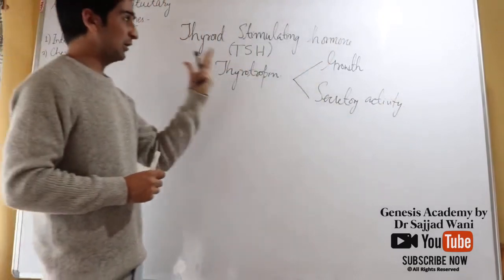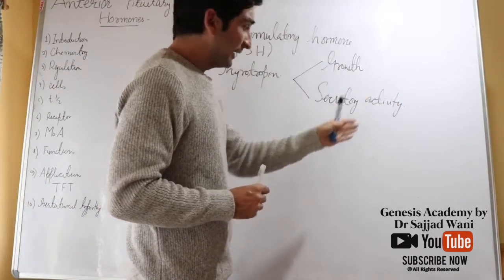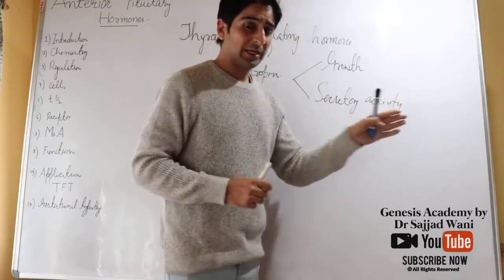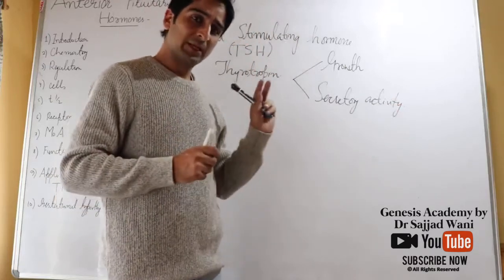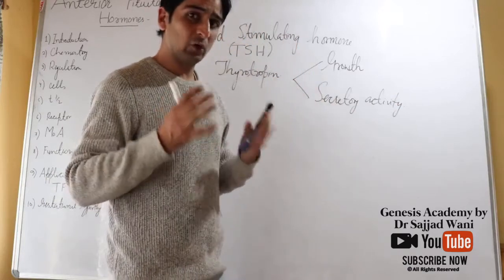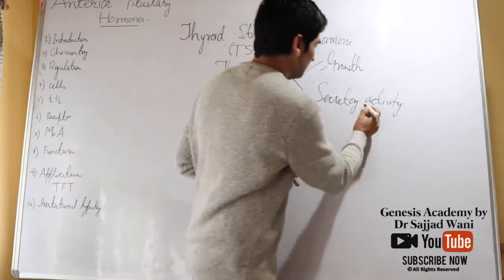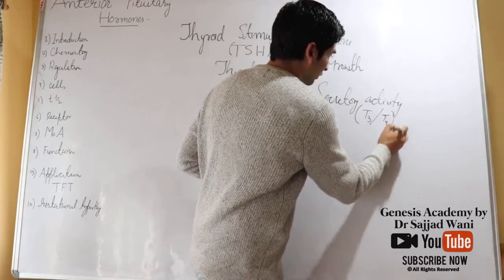So the overall effect of thyroid stimulating hormone is the growth of the thyroid gland and the secretions from the thyroid gland. And you must be knowing that the thyroid gland secretes two hormones, that is T3 and T4, which are known as the thyroid hormones, right? So it is essential for the secretion of T3, T4, the thyroid hormones.